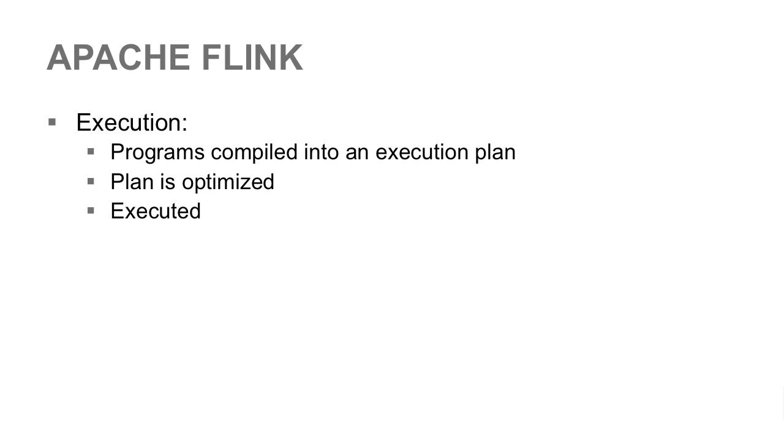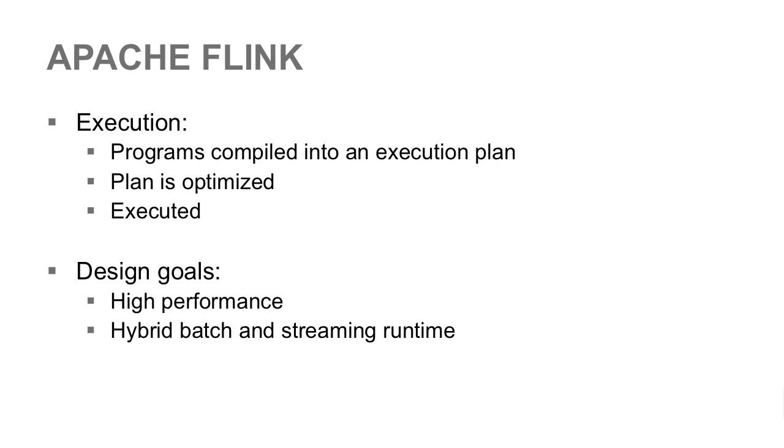There are access path builders, and then there are query optimizers. And now we are gaining the benefits of this type of execution in our Hadoop and big data systems. Flink is a result of a European research project, and it has a couple of goals. First, very high performance, then unification of batch and streaming into a hybrid runtime, and finally, simplicity for the developer.